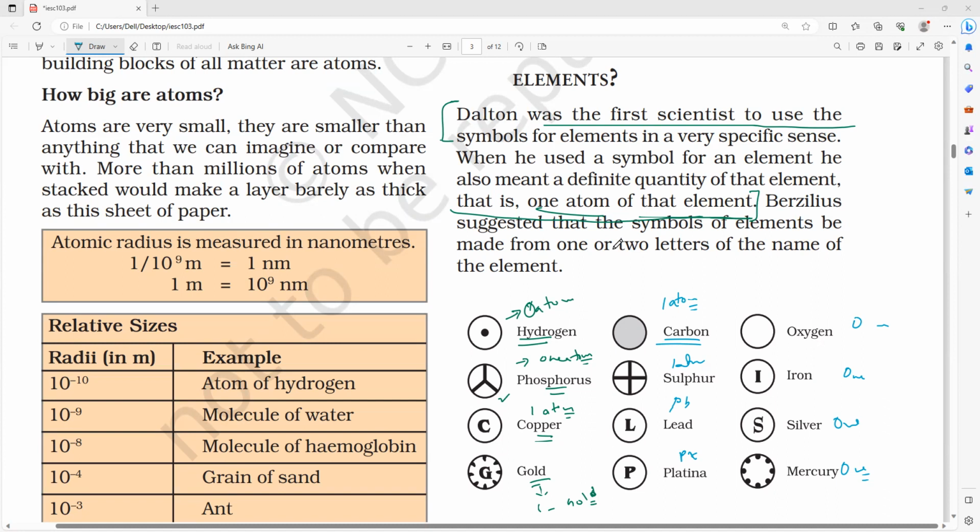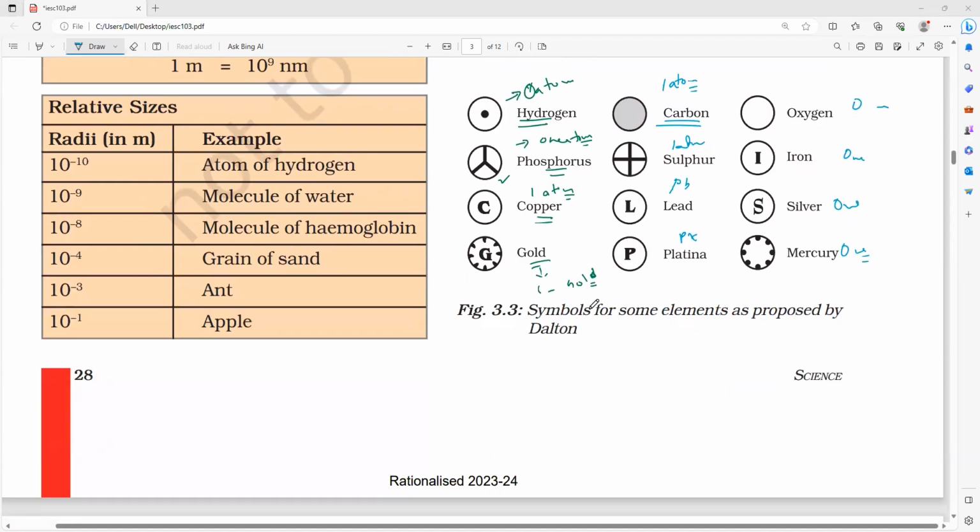From here, these symbols are not accepted by everyone. At Dalton's time, 12 element symbols were extremely fine. But in the future, if they discovered new elements, what is the situation?